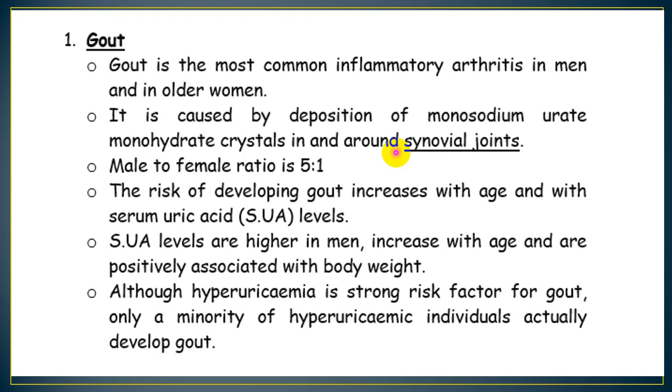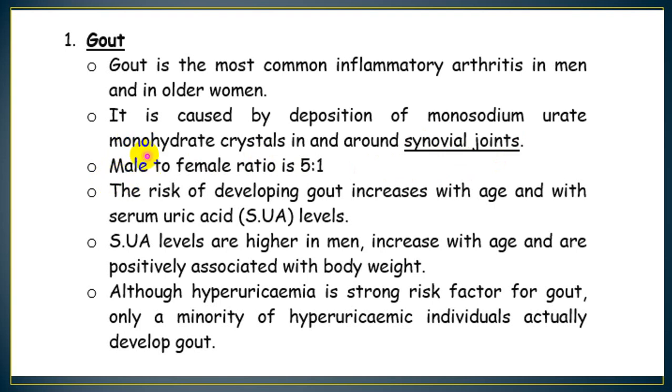Of all types of inflammatory arthritis, gout is the most common. The crystal responsible for the development of gout is monosodium urate monohydrate, which usually precipitates within the joint and synovial fluid and leads to induction of inflammation.